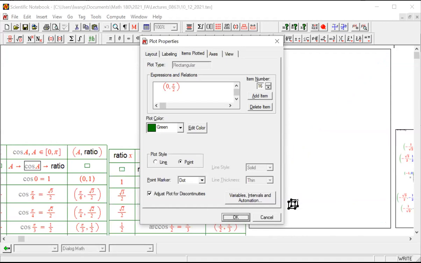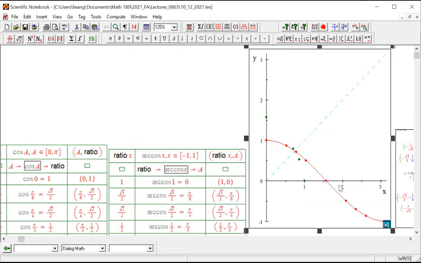The green is ArcCosine. And that green dot corresponds to what point? Red, green. So can you guys mark these 2 points for me? Go ahead.